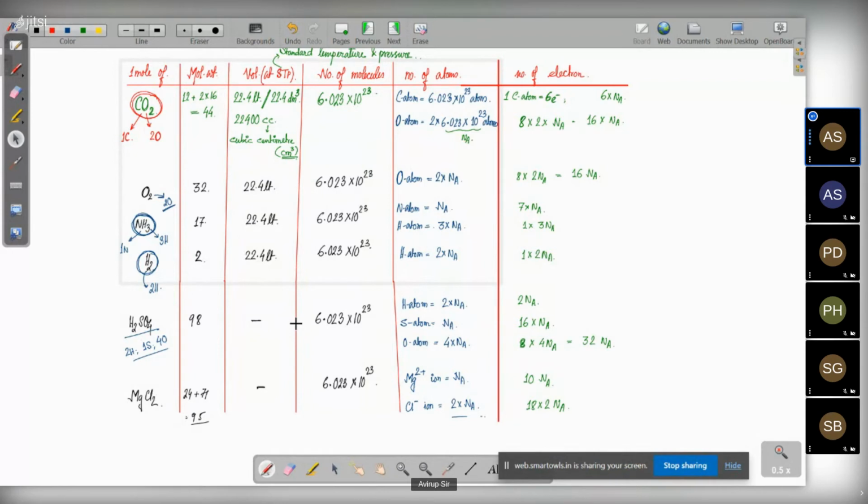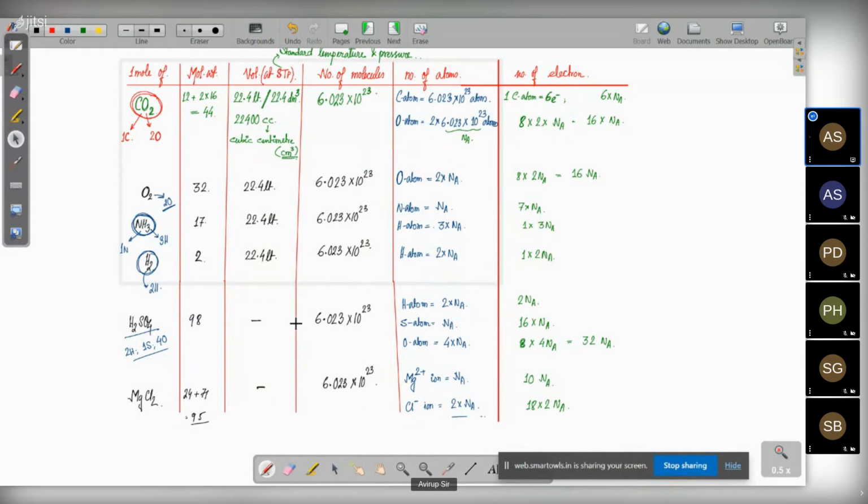If you remember the formulas, you can identify the formula whenever we are doing a sum, and then you can think it out yourself. As I have told you before, chemistry sums are not that difficult. Compared to chemistry, physics and mathematics numericals are much tougher. Chemistry numericals are not that tough.